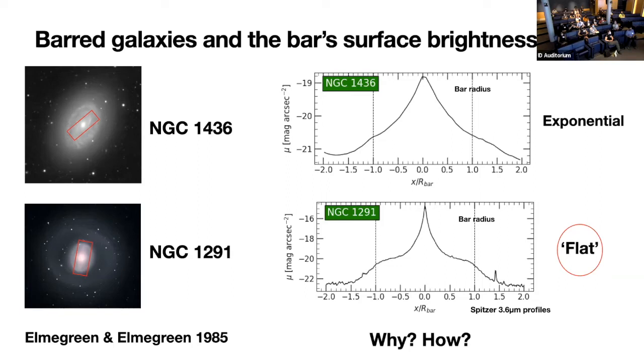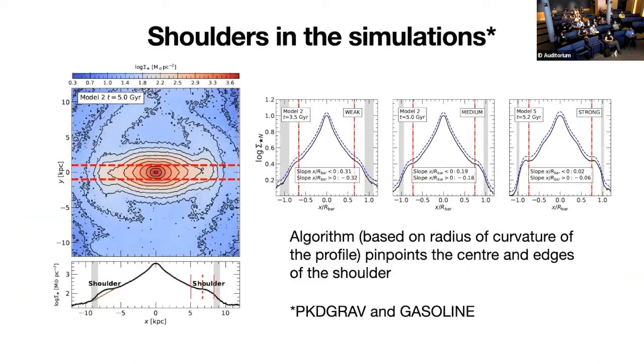The classic paper that identified these two types of profiles was Elmgreen and Elmgreen in 1985. So we call these shoulders. Here's an example from one of our simulations of shoulders. The picture on the left is the bar structure. You can see the profile at the bottom with the shoulder marked there.